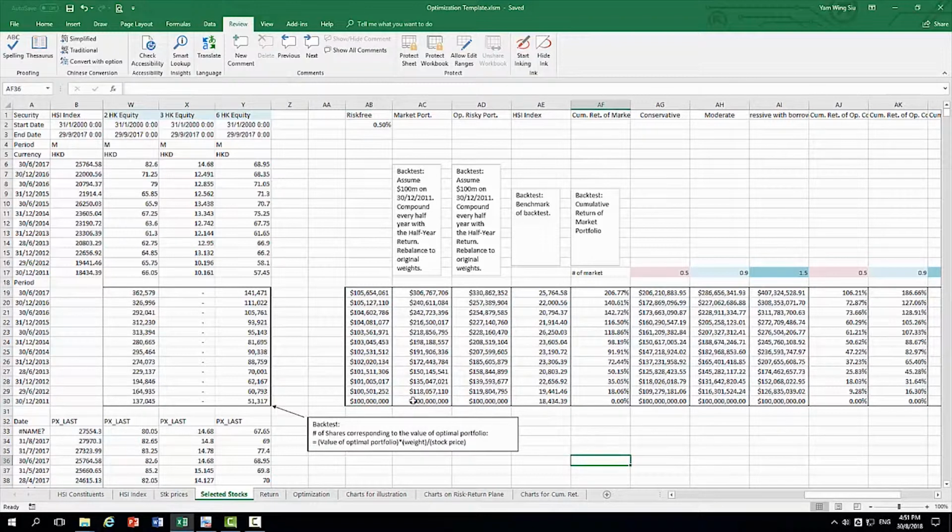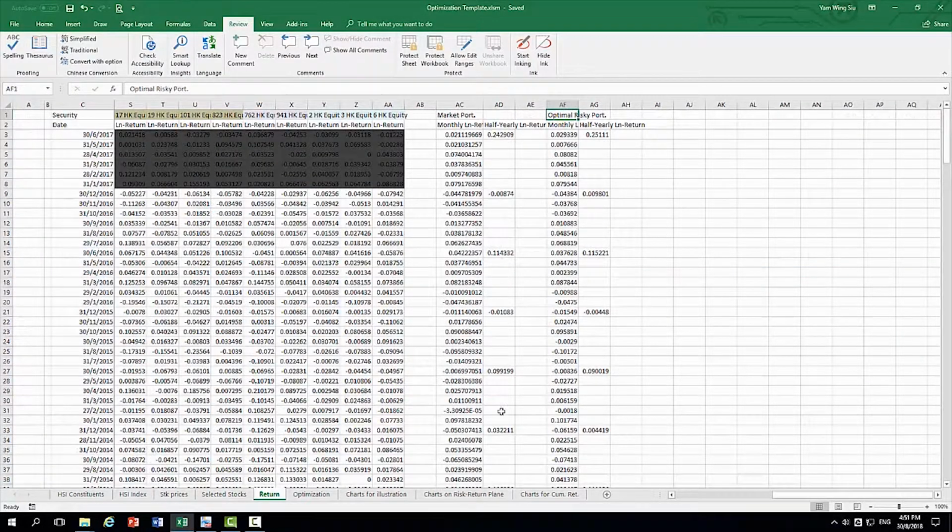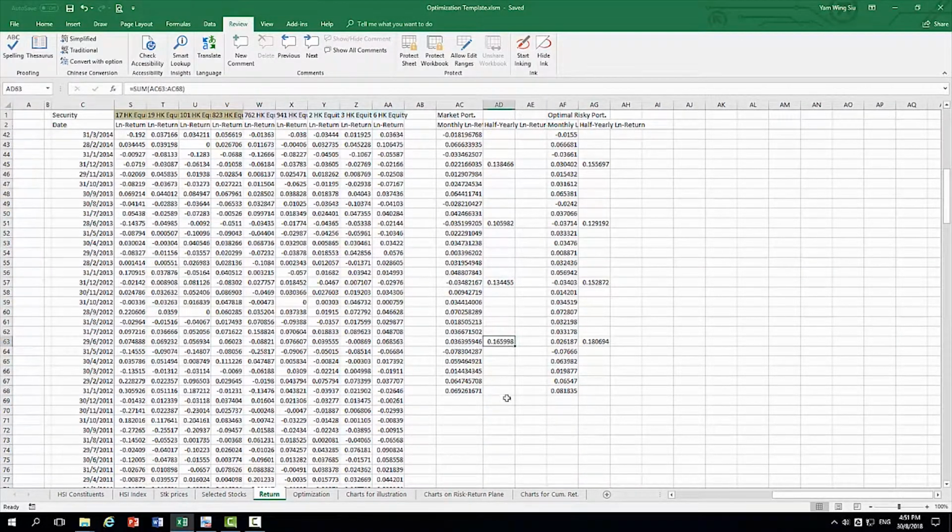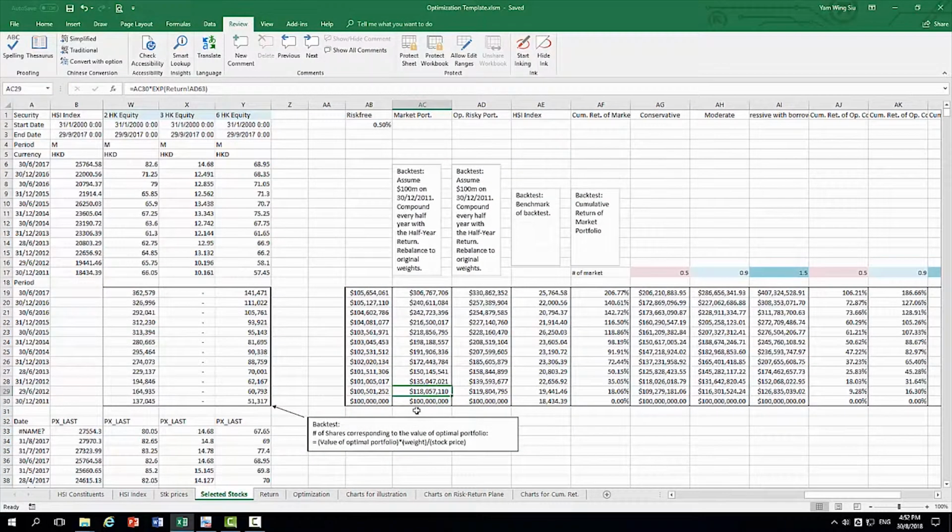Similarly, if we have 100 million and invest in the market portfolio, since we have calculated the half-year return for every 6 months, we can calculate the portfolio size with respective half-yearly return. So this would be the value of the portfolio of the market portfolio.